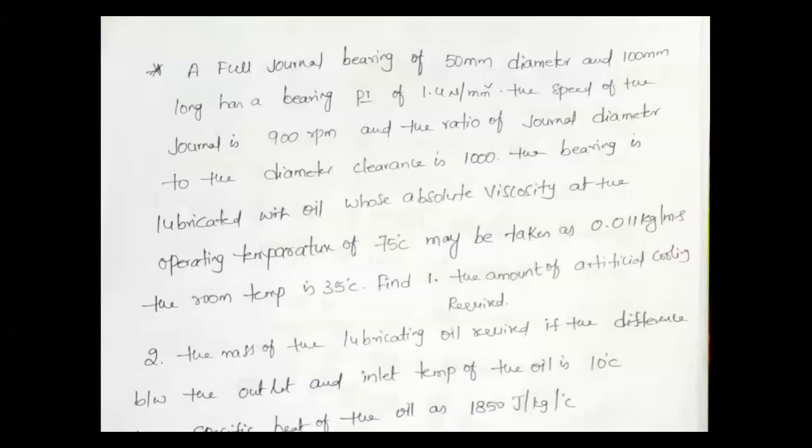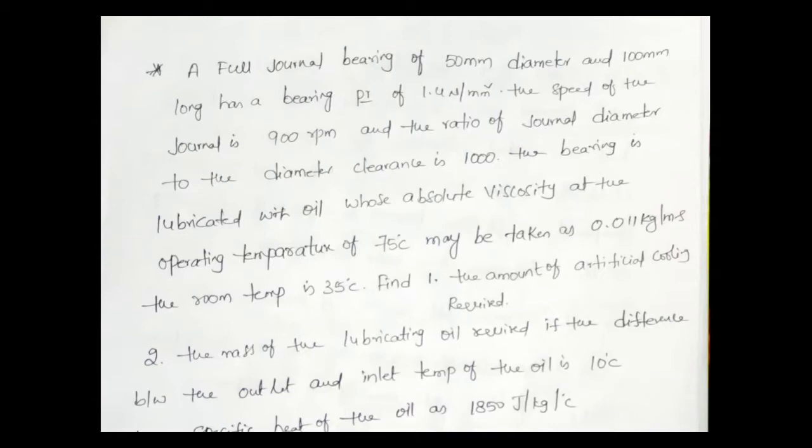Next, the speed of the journal is given as 900 RPM. The length of the bearing is also given, 100 mm.